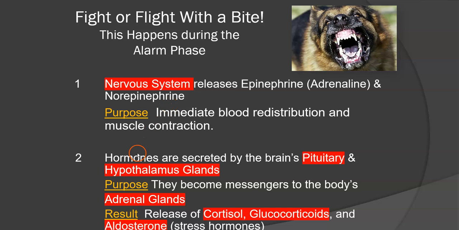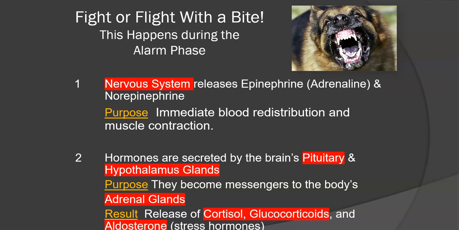Also, hormones. Now, this is the endocrine system. Hormones are secreted by the brain's pituitary, our master gland, and our hypothalamus. And these hormones end up being messengers to the body's adrenal glands. The adrenals, there are two.